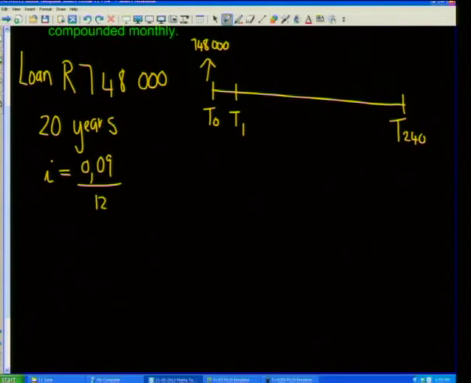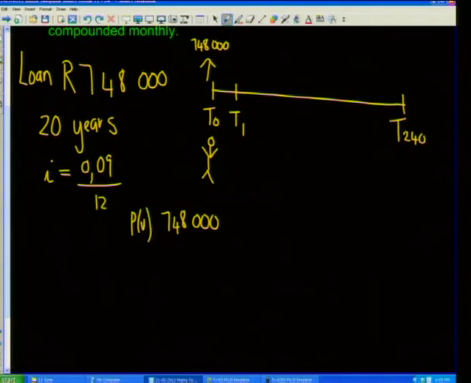Now, it all depends where Lerato stands. If Lerato stands here, then her 748,000 is regarded as a present value.